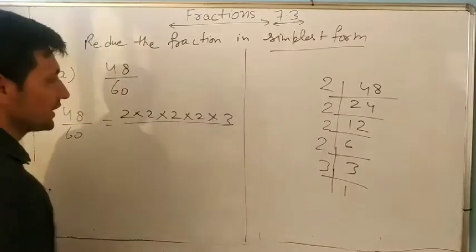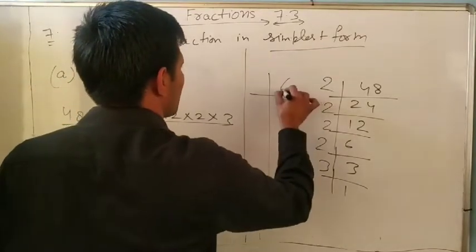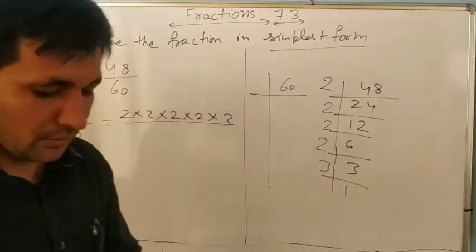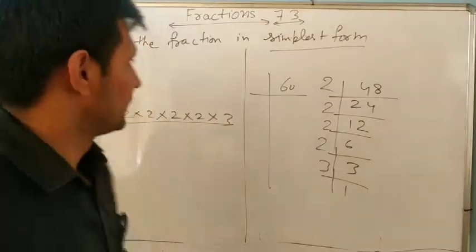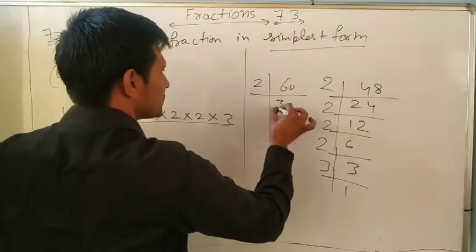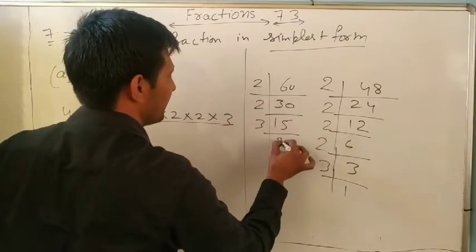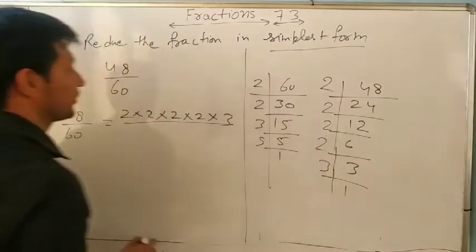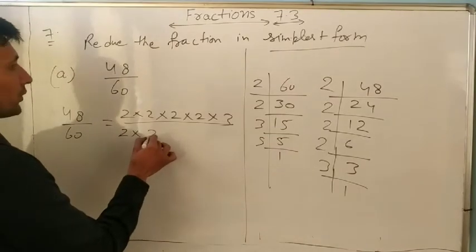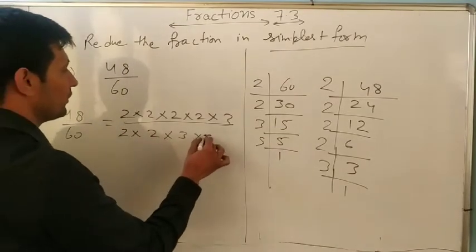And 60: 2, 30; 2, 15; 3, 5; 5, 1. So it is 2 into 2 into 3 into 5.